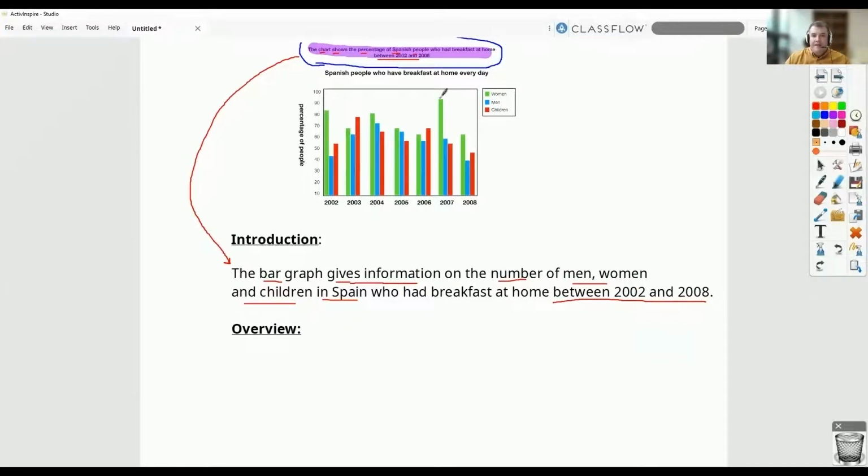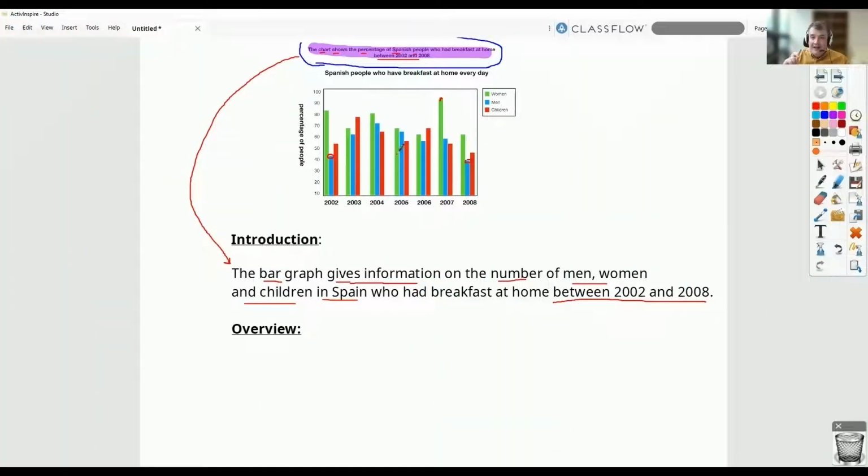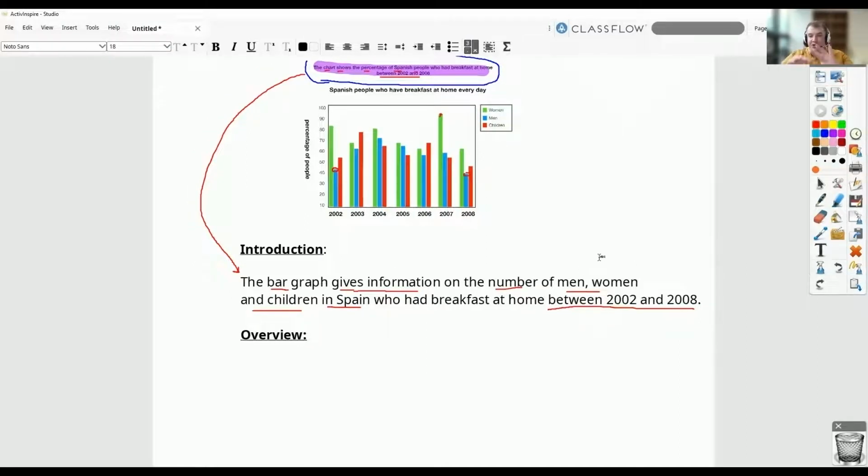Remember, we identified things like this and these, these points to mention. We will not talk about these now. We'll do that later. Now is the overview, where we give a general view, a general sort of summary of the data.